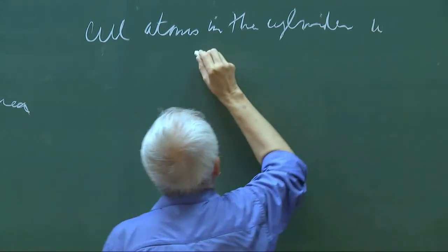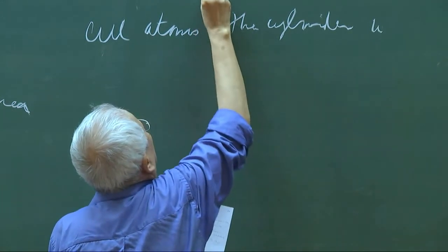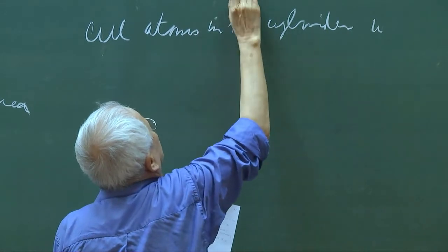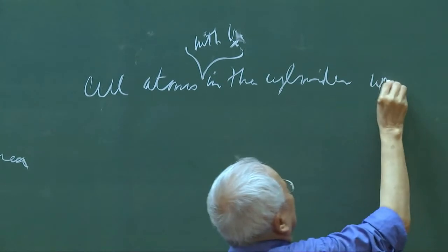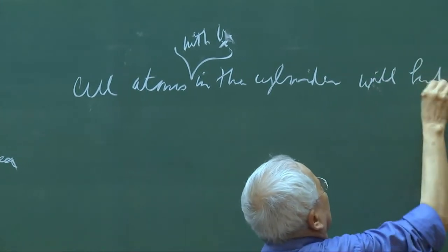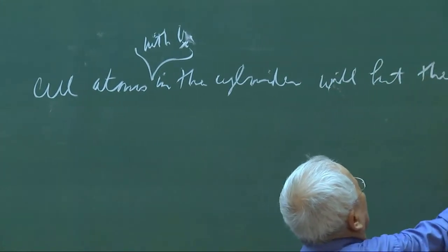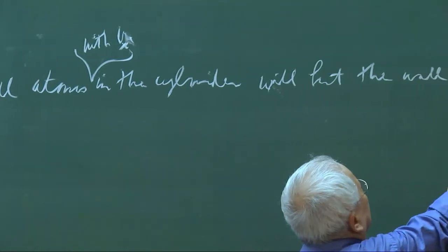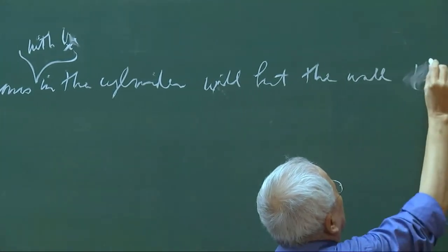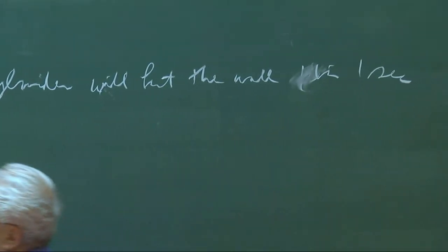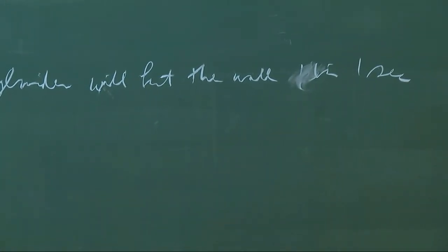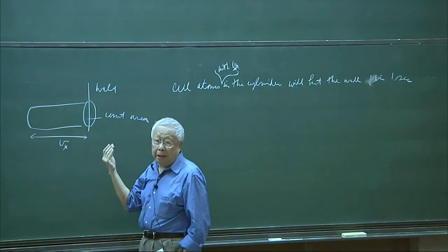All atoms with velocity component Vx will hit the wall per second, in 1 second. The velocity is Vx, so I take a tube with a length equal to that. So in one second, all the atoms will be hitting the wall.